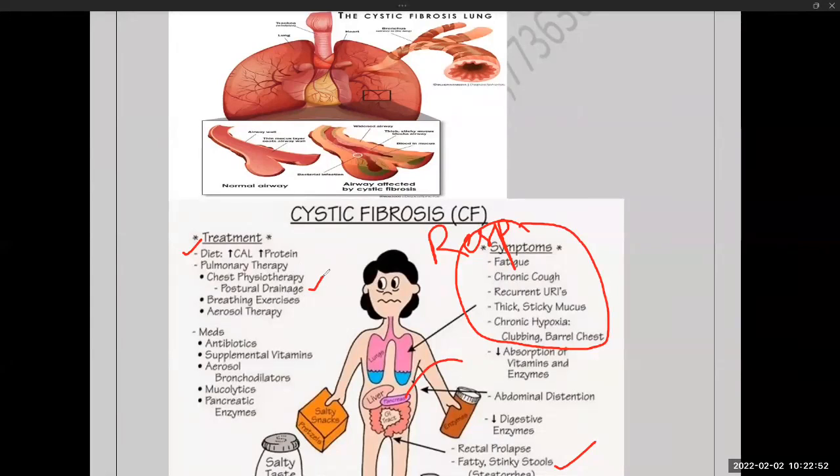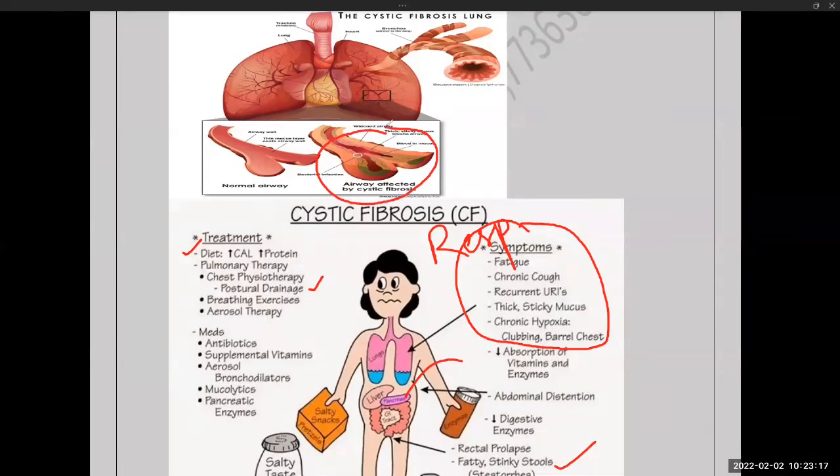Okay, so these are the treatments and medications, like antibiotics. Why? Because the patient will be having infections. So antibiotics, supplemental vitamins. Why? Because the metabolism is not proper. And aerosol bronchodilators. Why bronchodilators? See here, there is a bronchoconstriction. Okay, bronchoconstriction to be treated by bronchodilators.